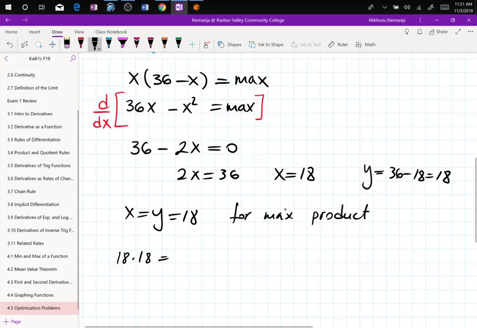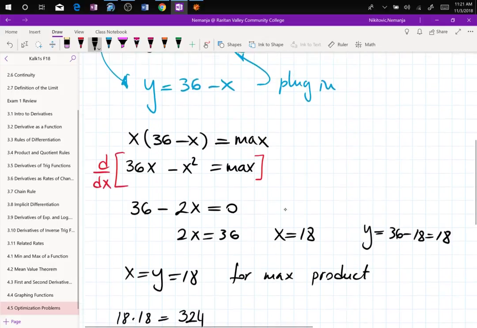And what is 18 times 18? 324. So you will see that as soon as you go to 17 and 19, 17 times 19 is also going to add to 36. But it's 323 when you multiply them. One less than this.